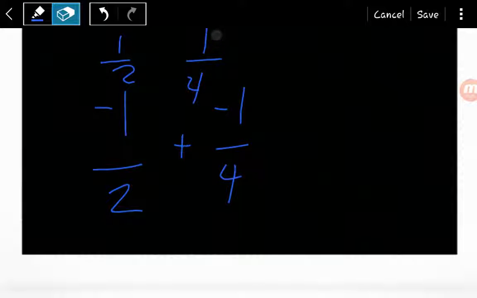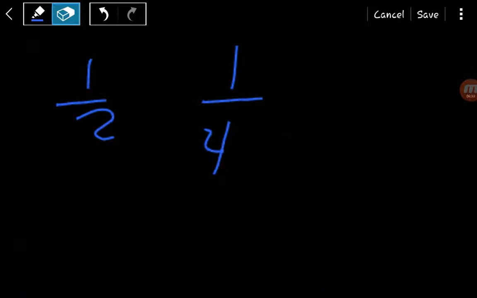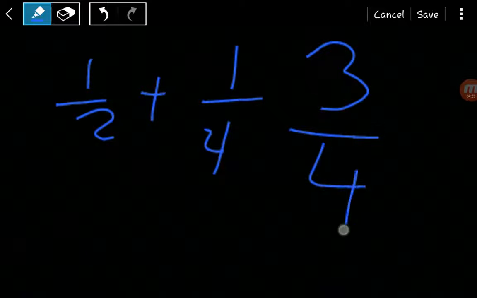Sorry about that. So now I'm just going to erase this so we can remember that. So now, when we add these, our answer is 3/4. Since they're both negatives, so remember they were negatives, their sum will be negative.